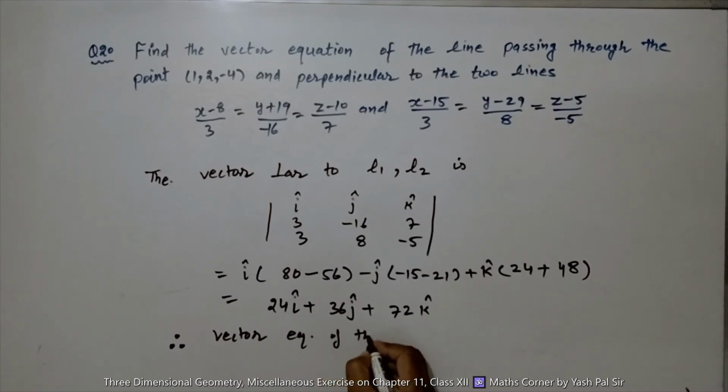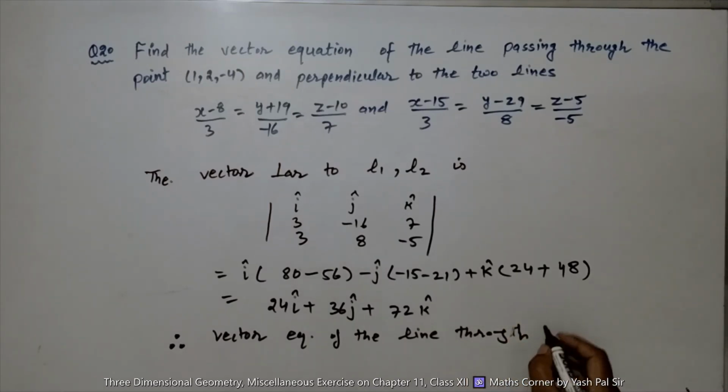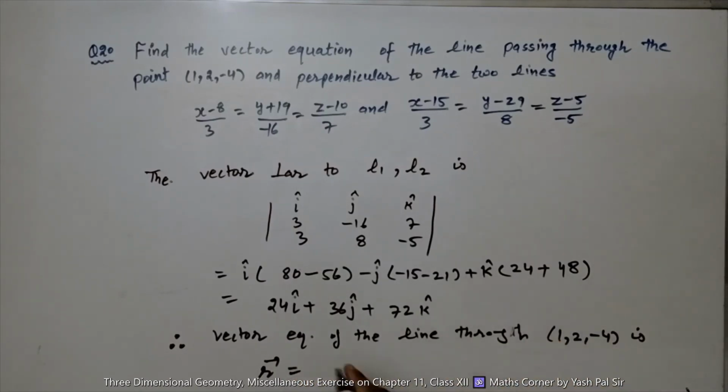The vector equation of the line through the point (1, 2, -4) is vector r equal to i + 2j - 4k plus lambda times b, this is 24i + 36j + 72k.